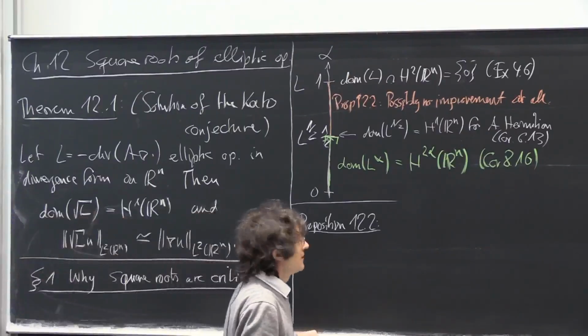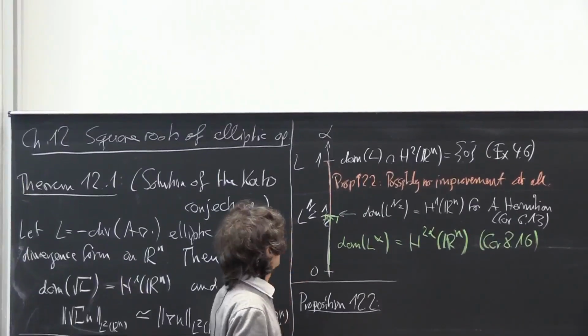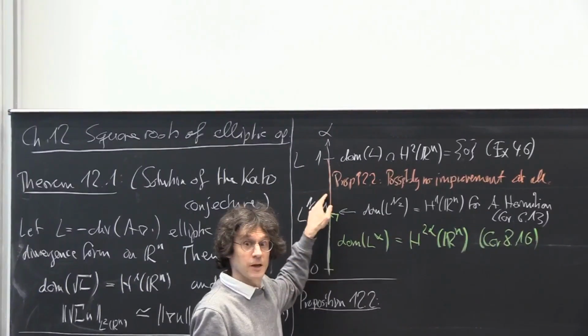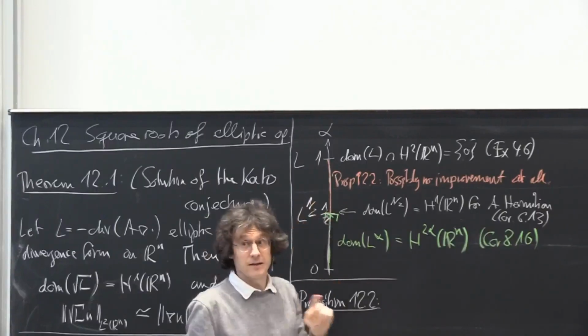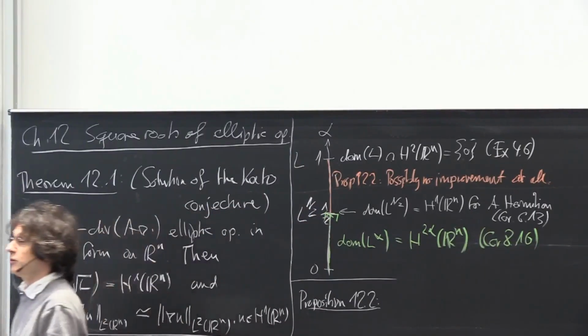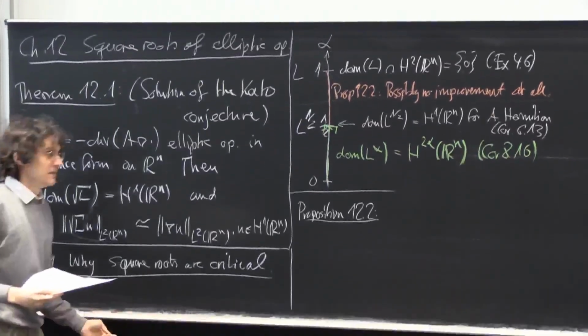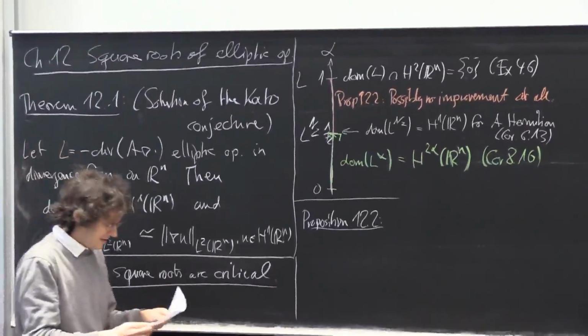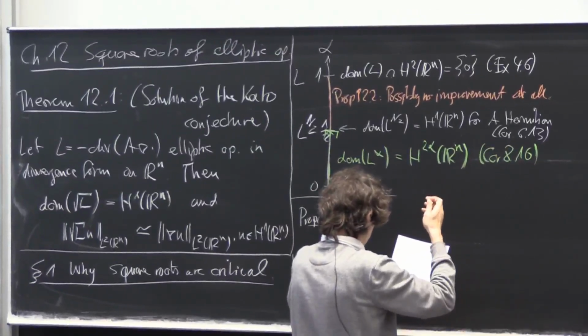And it's even nicer. I will not claim that for every alpha greater than 1/2, there is an elliptic operator where things break down. But even uniformly, I will show there is a coefficient matrix A where things break down for every alpha greater than 1/2. So there's one operator that already destroys things.